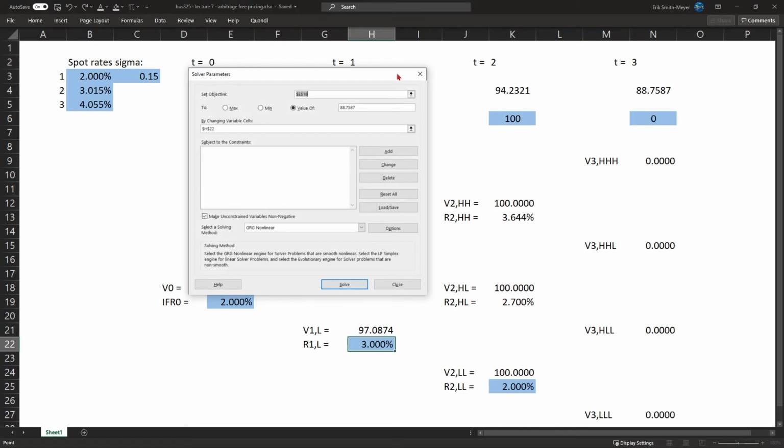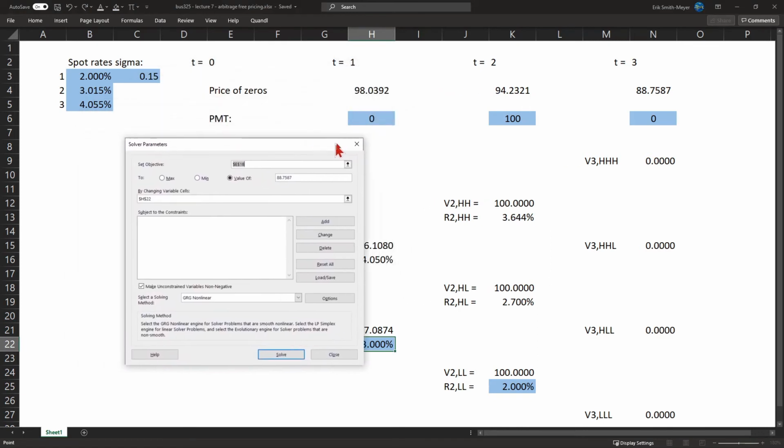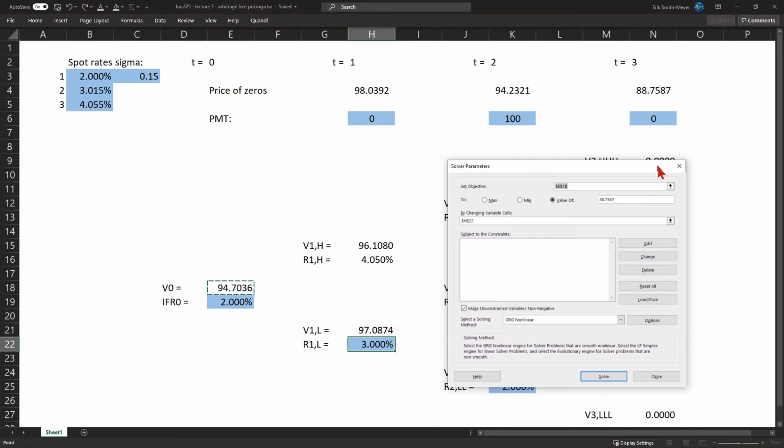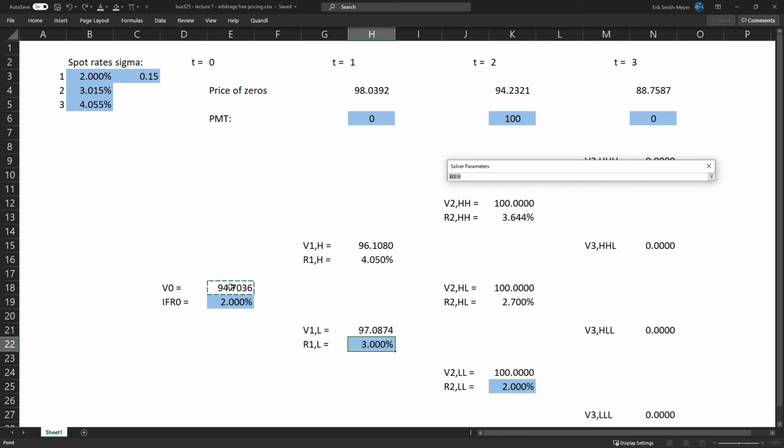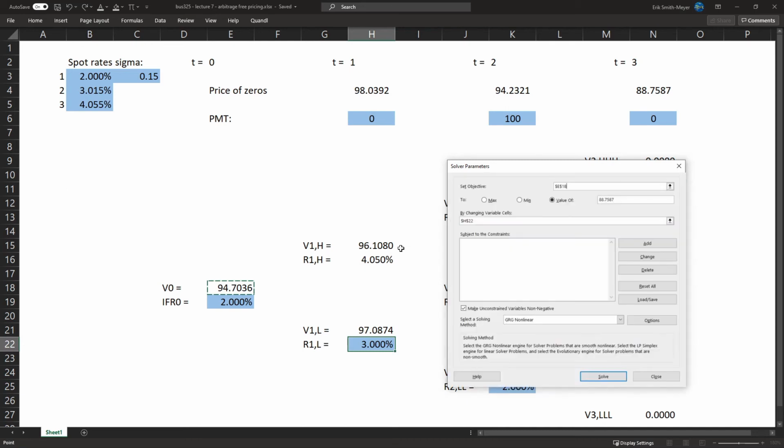Okay, so here we have the solver, and what do we need to do? We have an objective, which is the value, okay, the present value of the bond. We want to set this to the value of 94.2321, right?